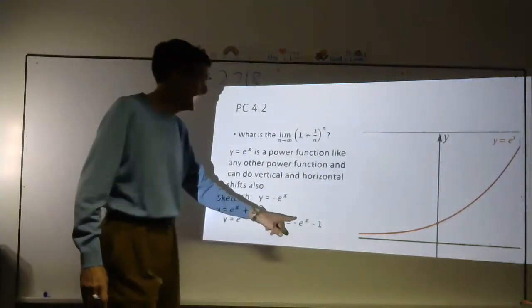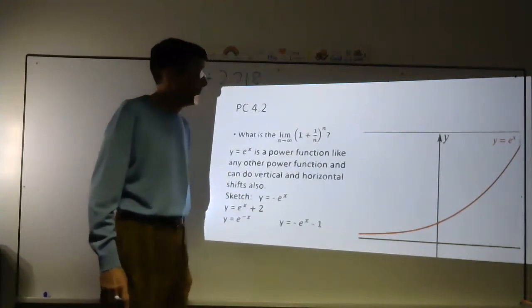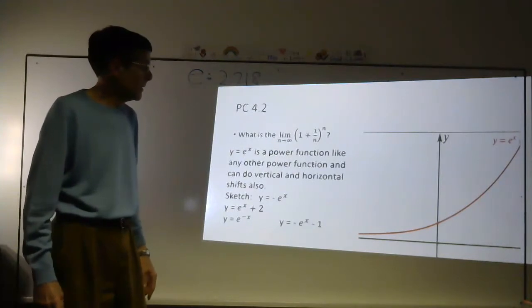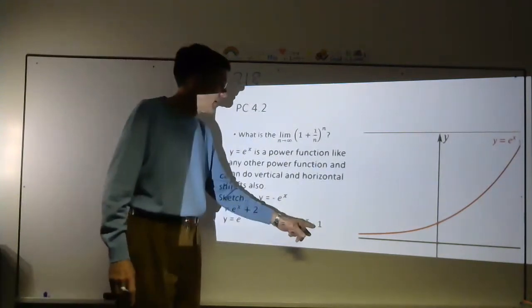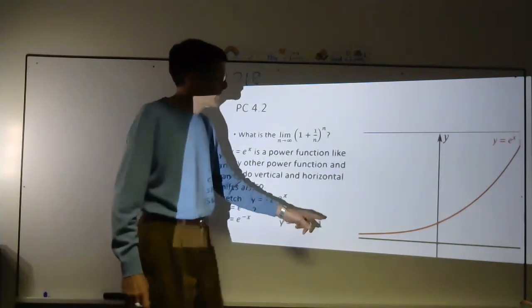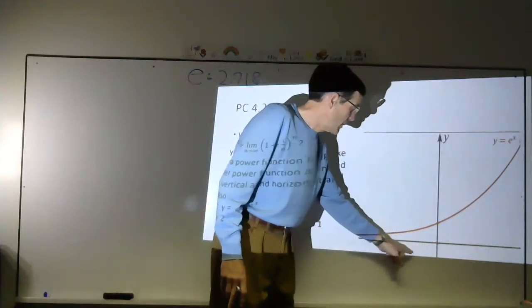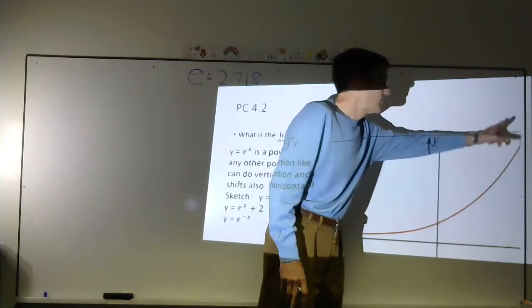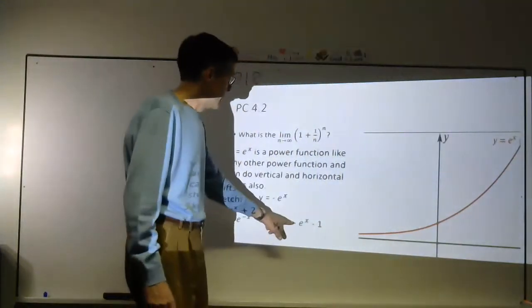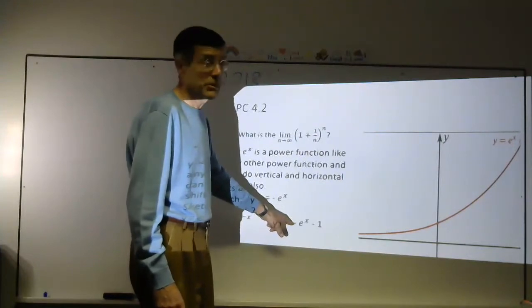All right, now I've got two things going on here. I've got a -1, and I've got a negative sign in front of the whole thing. A -1, if you think about it, is going to move this down. It'll be asymptotic to -1. It'll hit here and explode upward. But when you put a negative sign here, it's going to flip that.